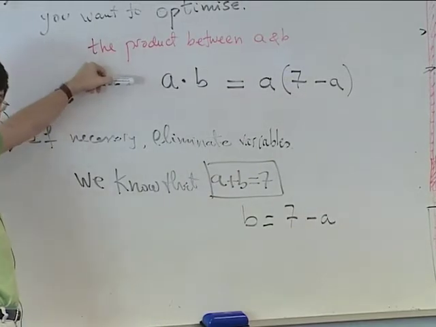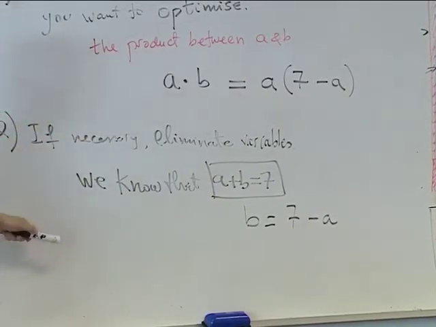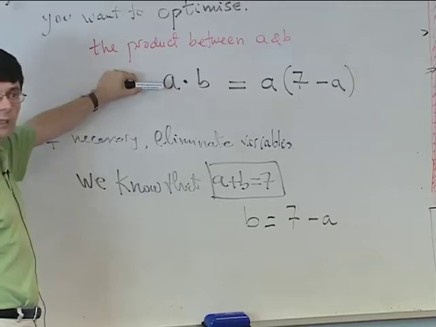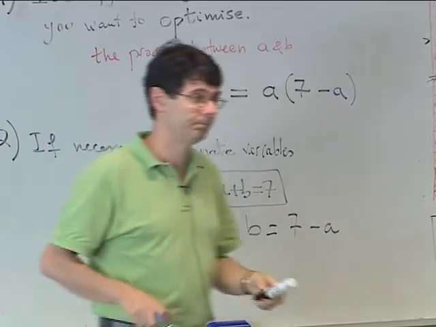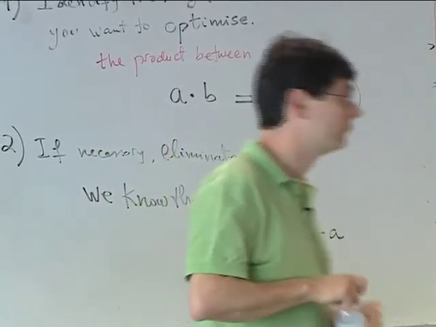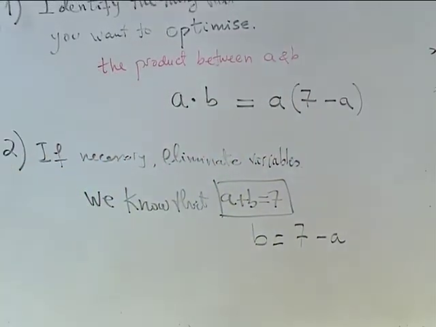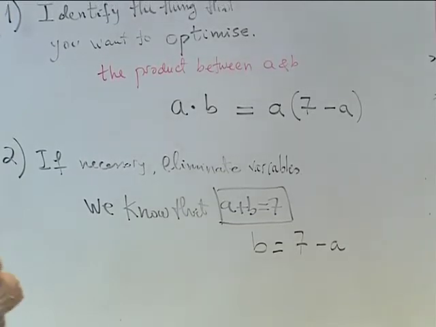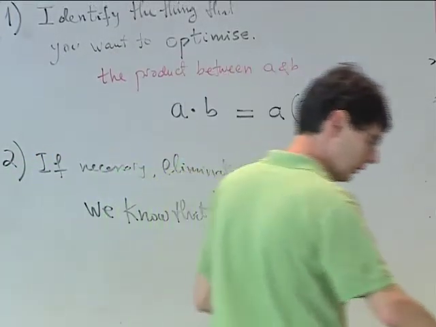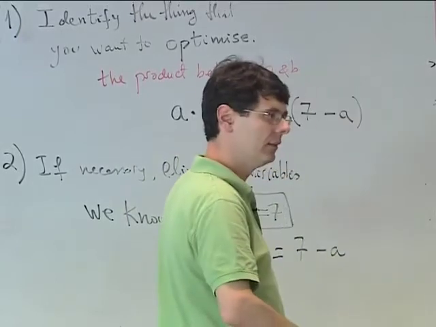Okay? Step 3, use this relationship to simplify the target formula. Do I need to write step 3?